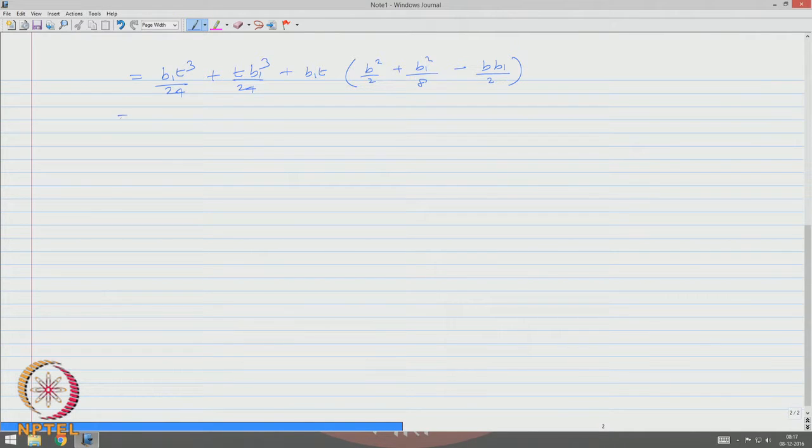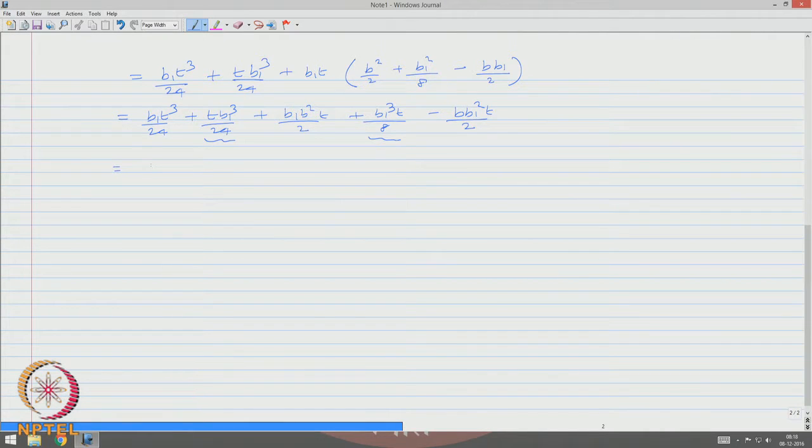So, expanding further, B1 T cube by 24 plus T B1 cube by 24 plus B1 B square T by 2 plus B1 cube by 8 minus B B1 square T by 2, which can be further simplified, because I have a term B1 cube here and B1 cube here.